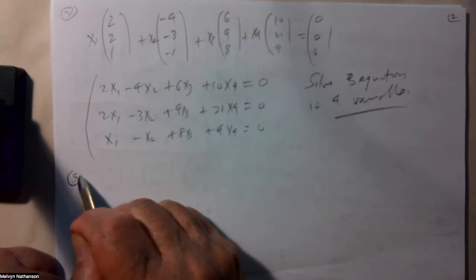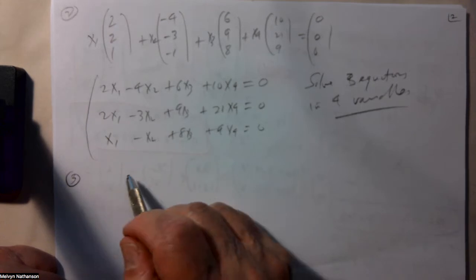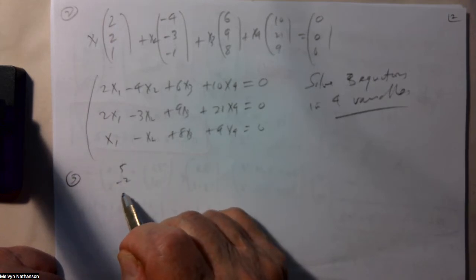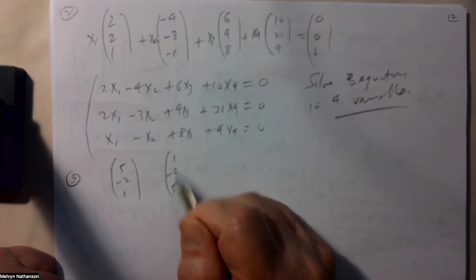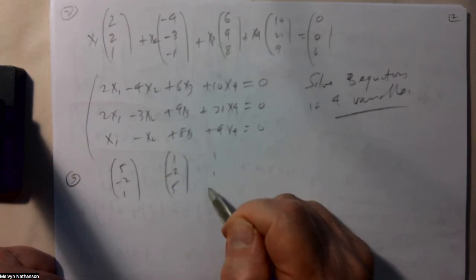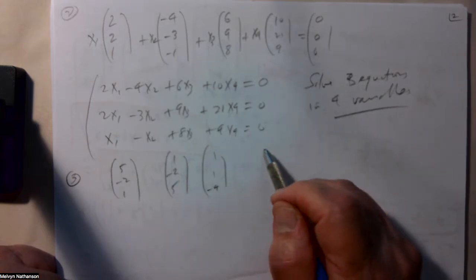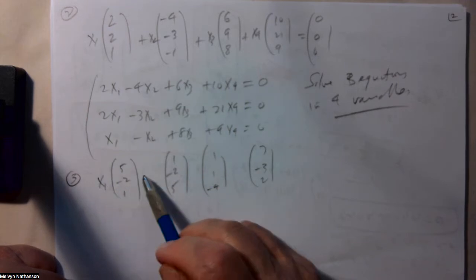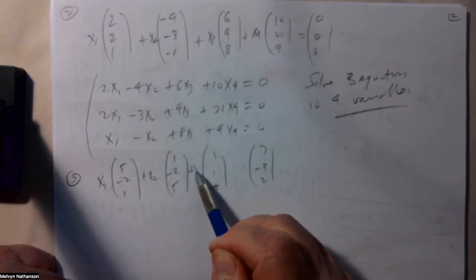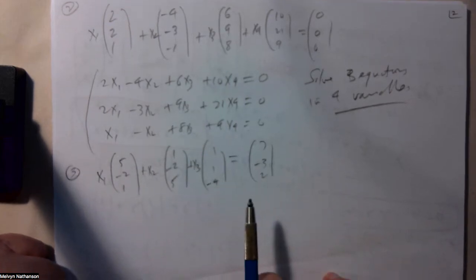Problem 3, you have 3 vectors: (5, -2, 1), (1, -2, 5), and (1, 1, -4). And the problem is to write the vector (7, -3, 2) as a linear combination of these vectors.